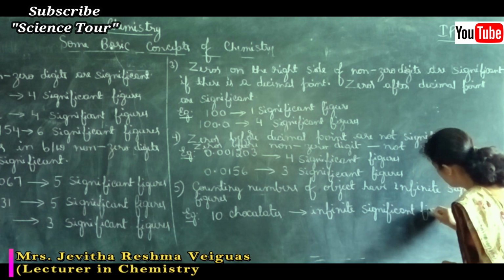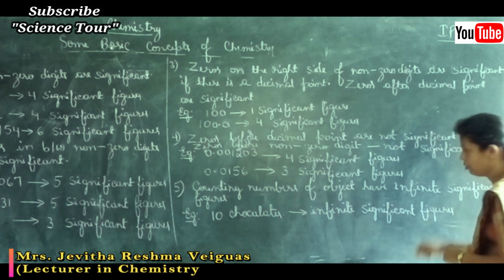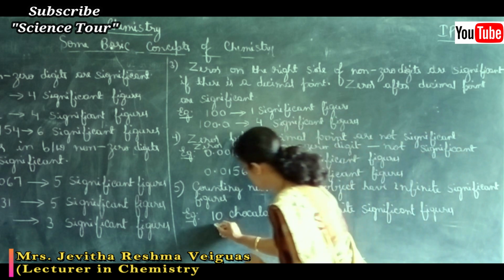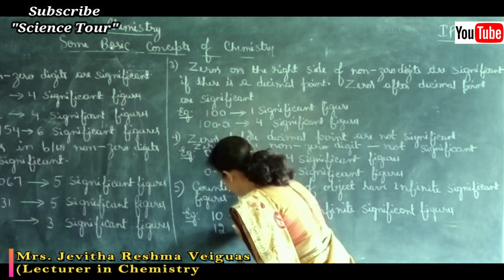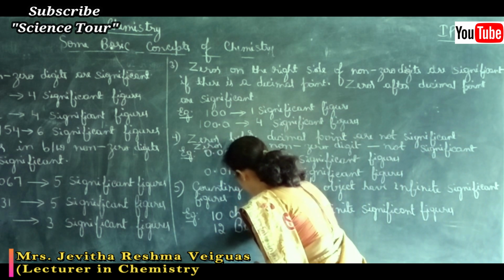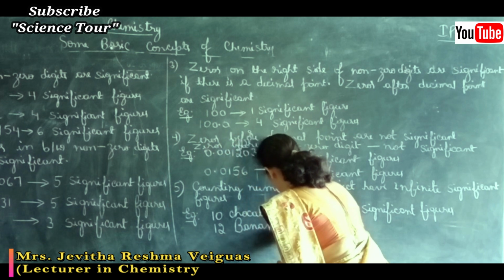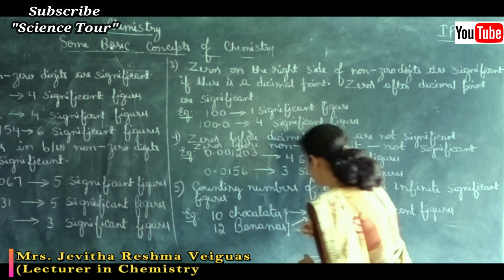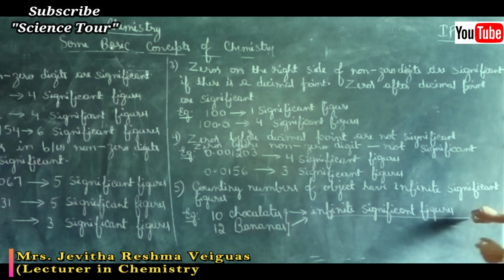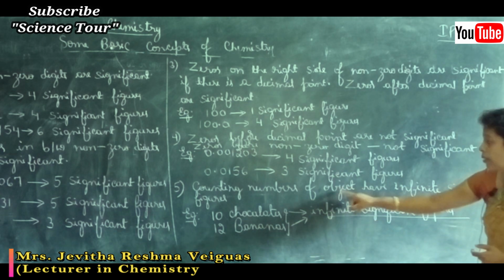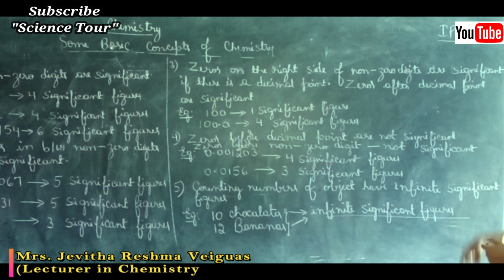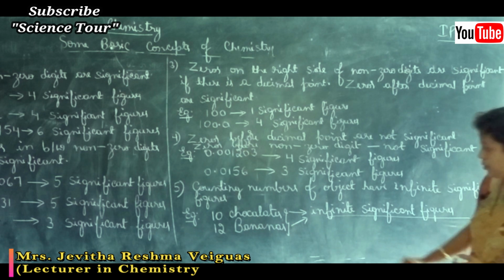Let's have one more example. 12 bananas. Even this number has infinite significant figures. So counting numbers of any object have infinite significant figures.